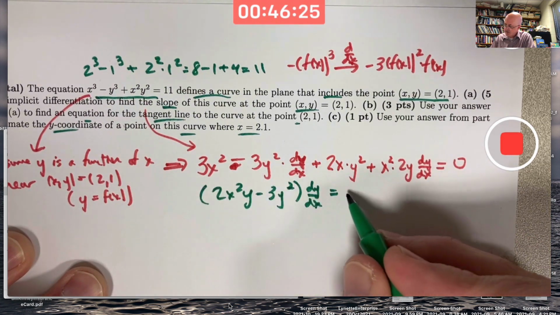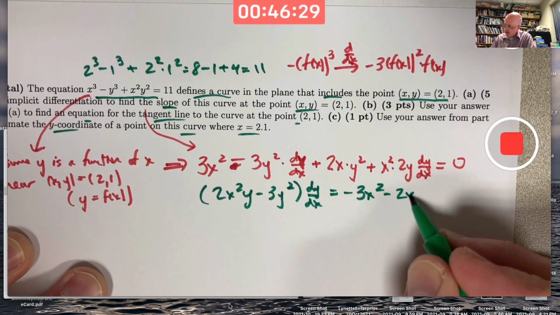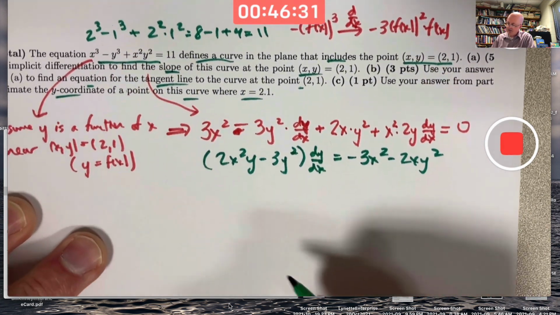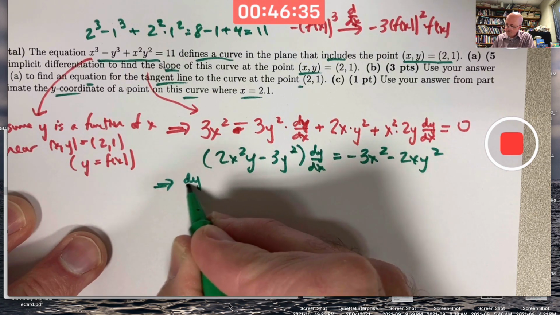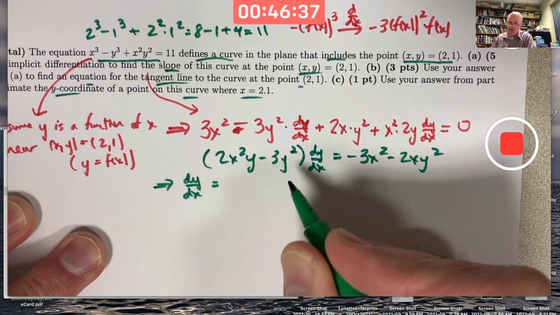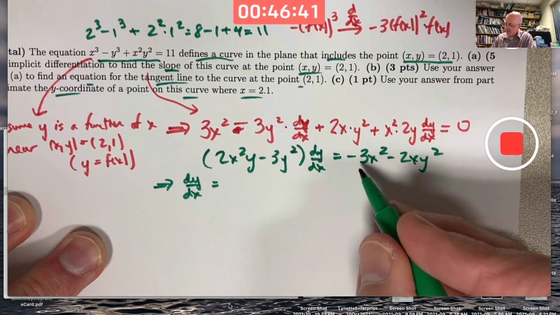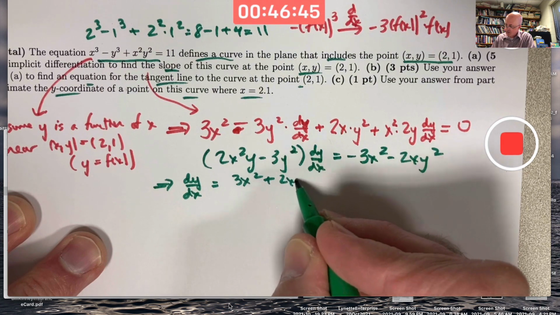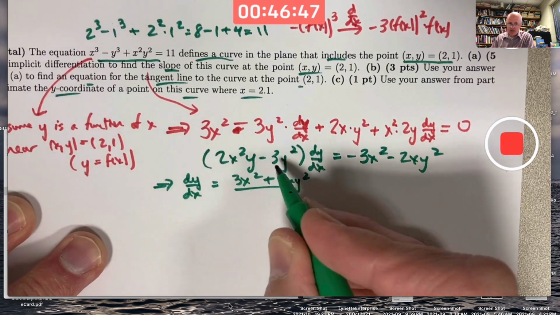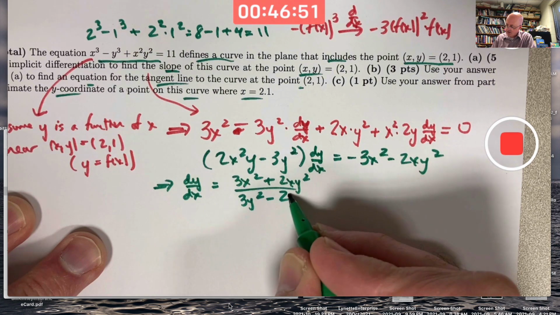This term and this term give minus 3x squared and minus 2xy squared. Now divide both sides by this. And I think I'll switch around the order of these so that I have positive signs up top. 3x squared plus 2xy squared divided by this, where I multiply by negative 1. So I'd have a plus 3y squared minus 2x squared y.